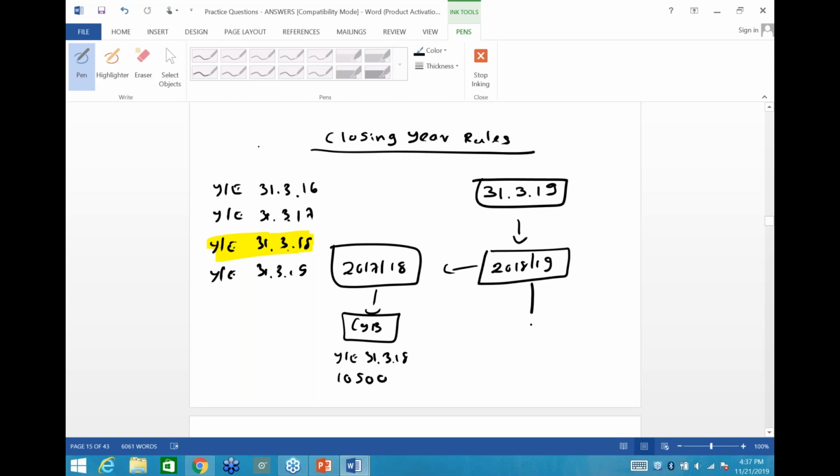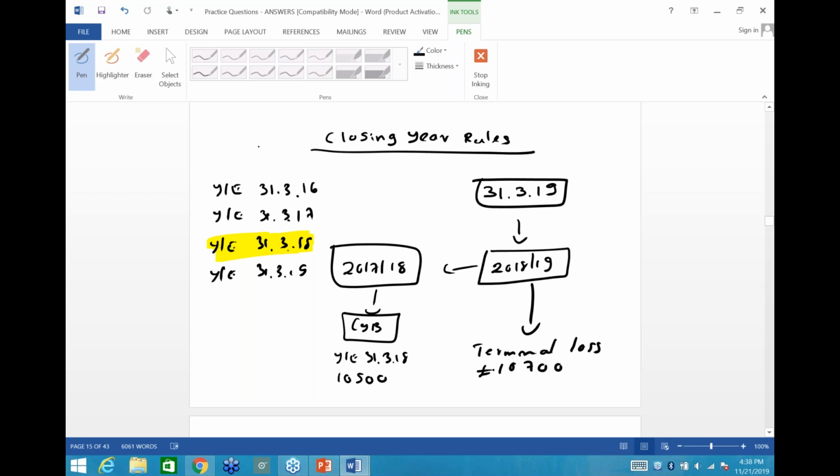When you do that, if there's any profit that has not been taxed in the last tax year, that profit must be taxed in 18-19. But in this instance, for 18-19, we don't have a profit. We have a loss of 7,000, and now we have a terminal loss of 10,700 with the overlap profit.